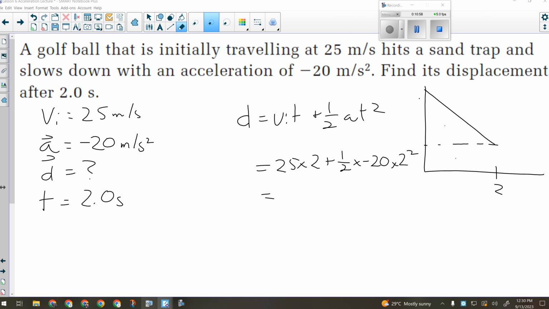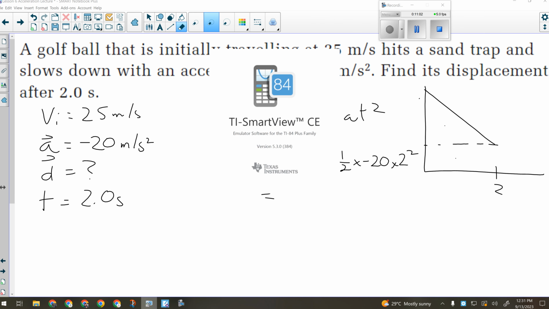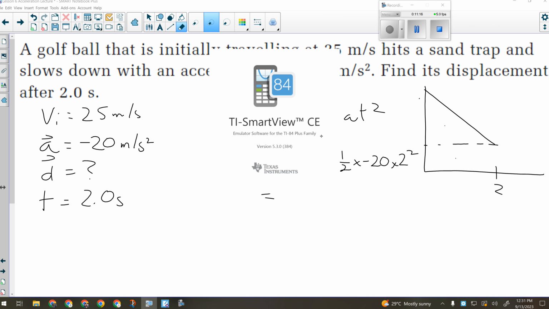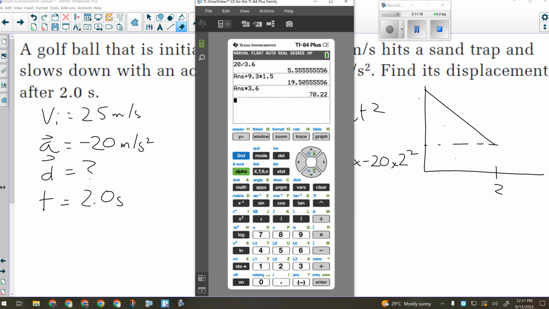Okay, so we're going to have 25 times 2 plus 0.5 times negative 20 times 2 squared, 4.